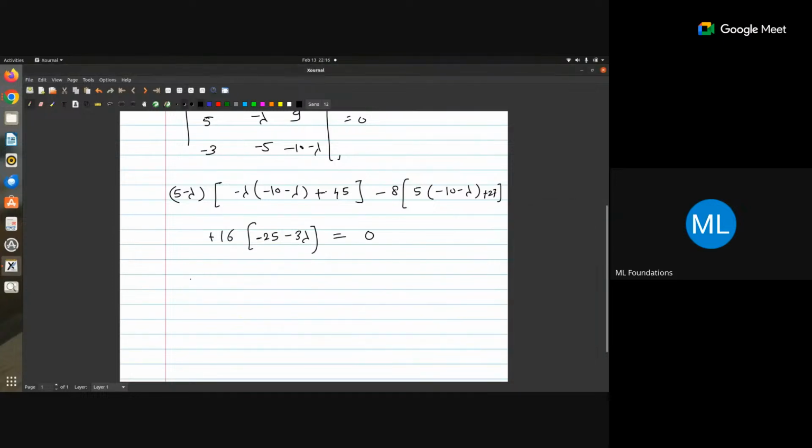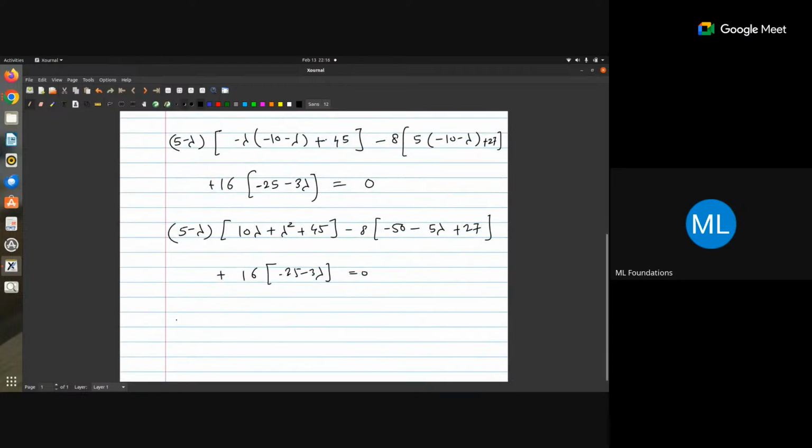Here, 5 minus lambda into that expression will be 10 lambda plus lambda square plus 45, minus 8 into minus 50 minus 5 lambda plus 27, plus 16 into 25 minus 3 lambda, equal to 0.